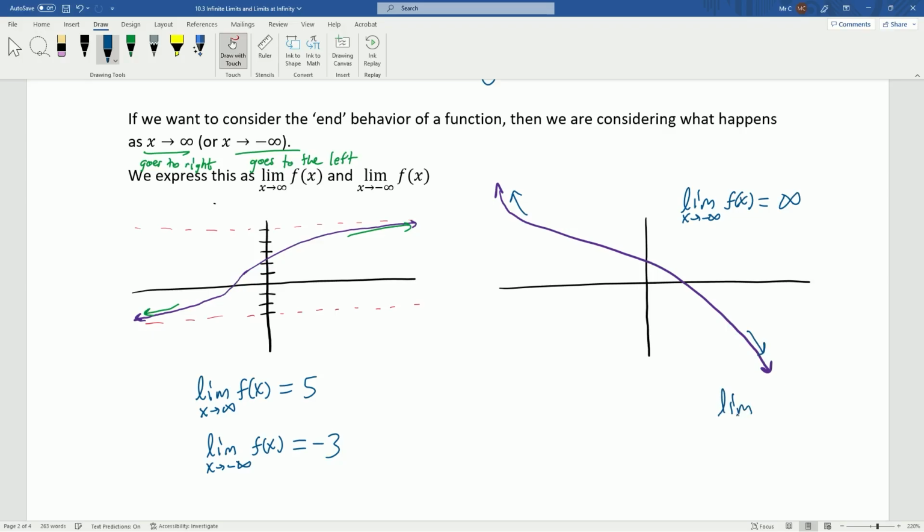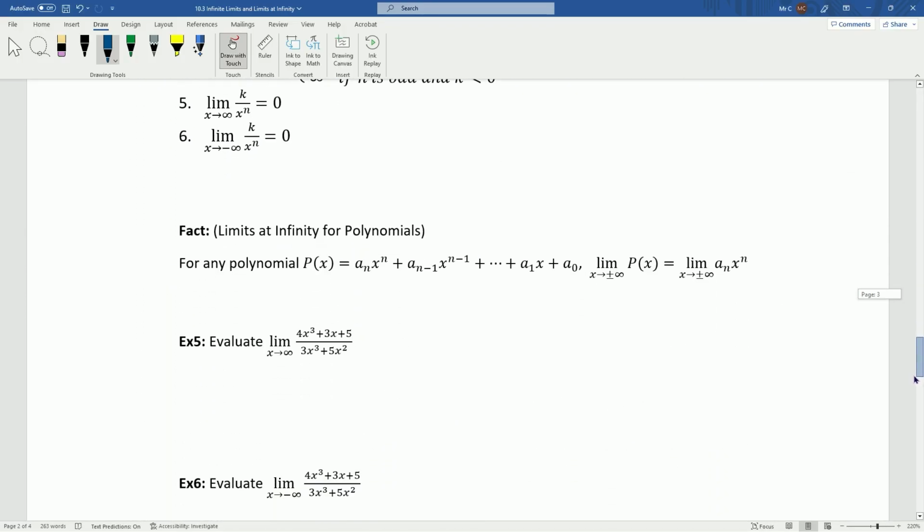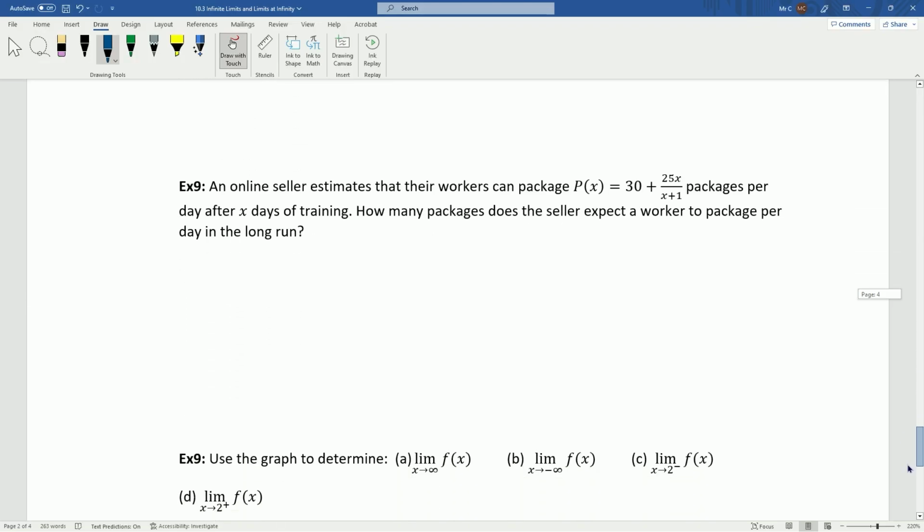And similarly, if I take the limit as x approaches positive infinity of f of x, this graph is going down, so I get negative infinity.